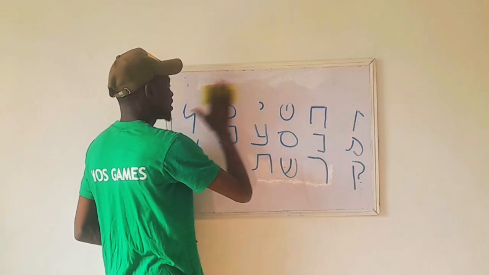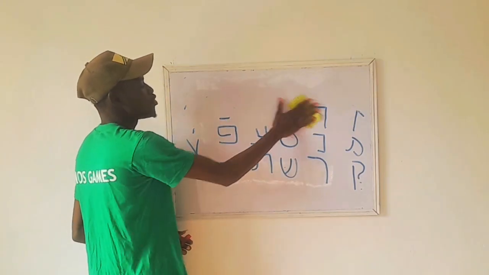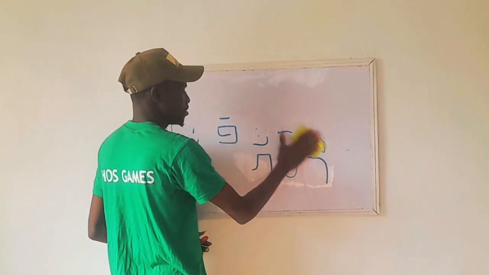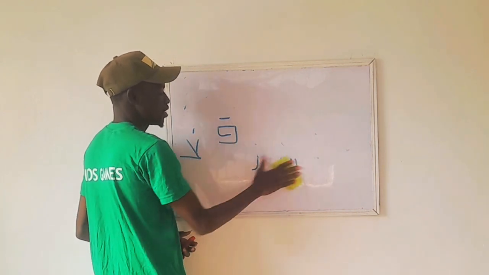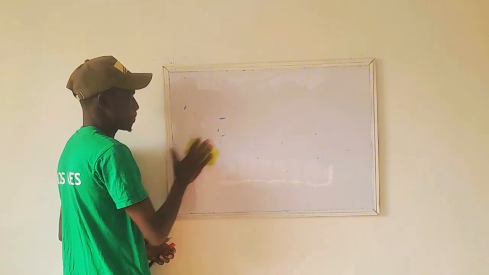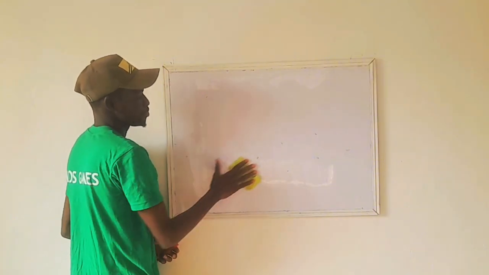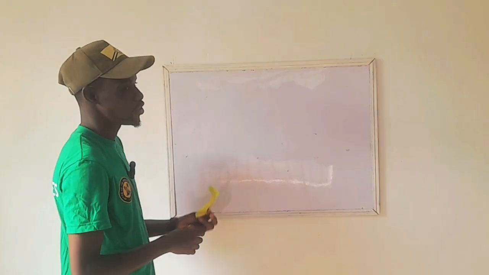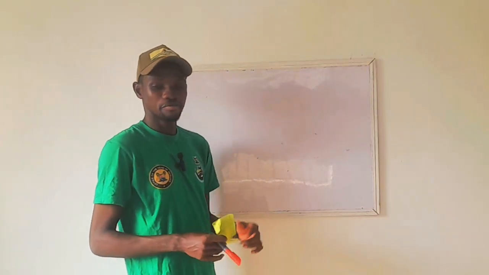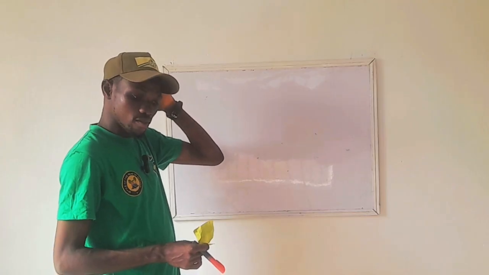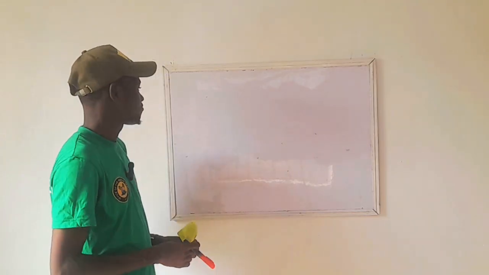Remember to get your handout where you can practice more, and you have a lot of vocabularies to learn there, okay, so that you can get familiar with the word. Now you will need to go and watch the video on types of alphabet.